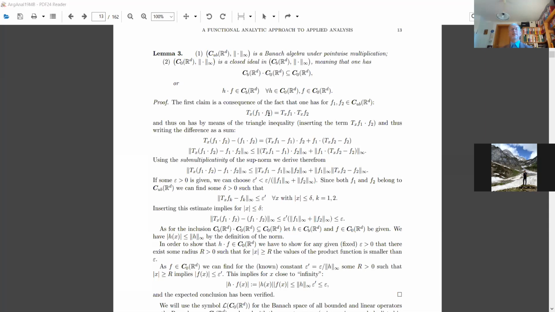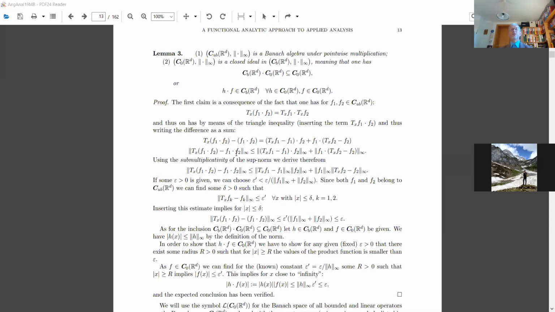I will use my test. Go down 3 more lines. I have to observe whether I can estimate the shifted version tx of f1 times f2, and to avoid problems, I've made a bracket here, minus the original product.